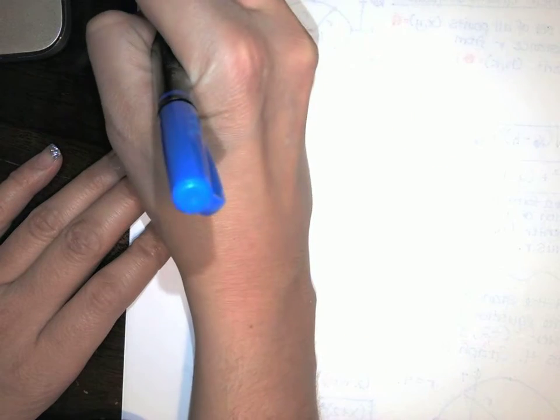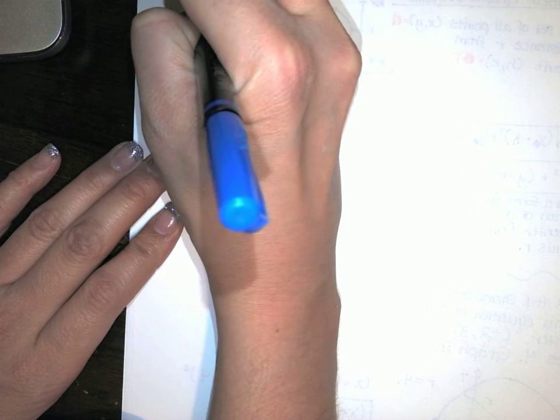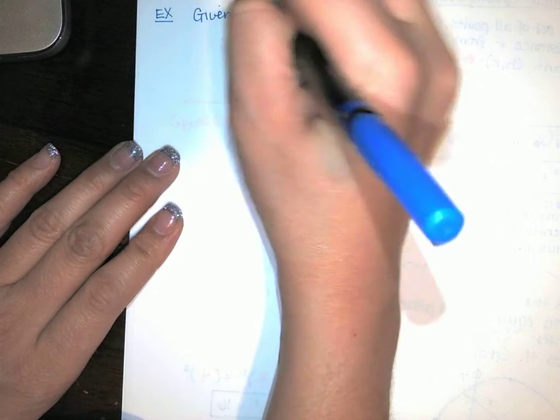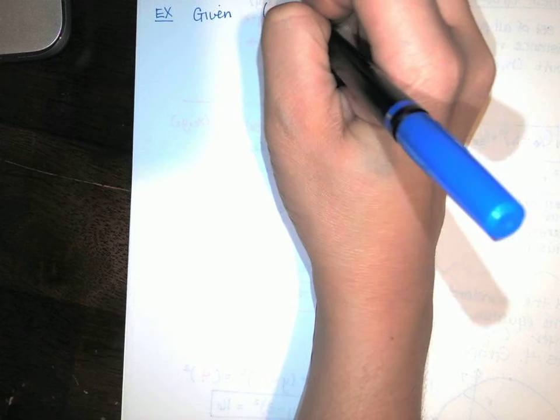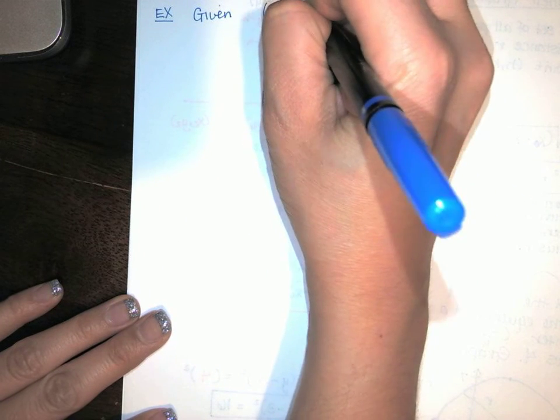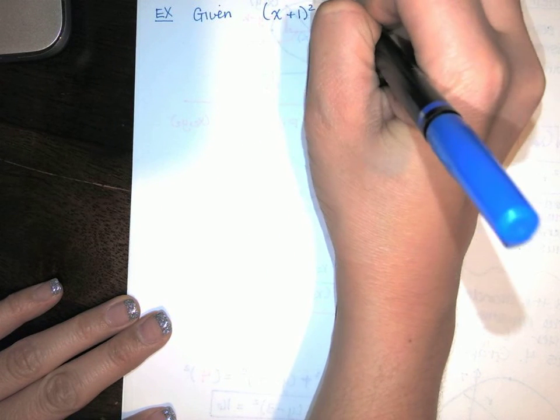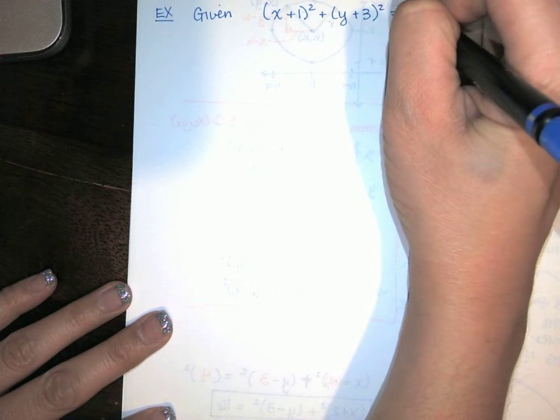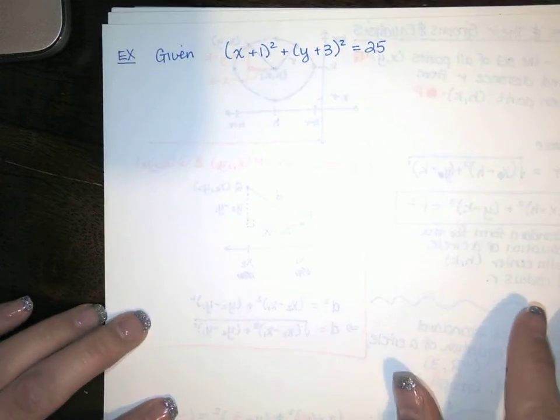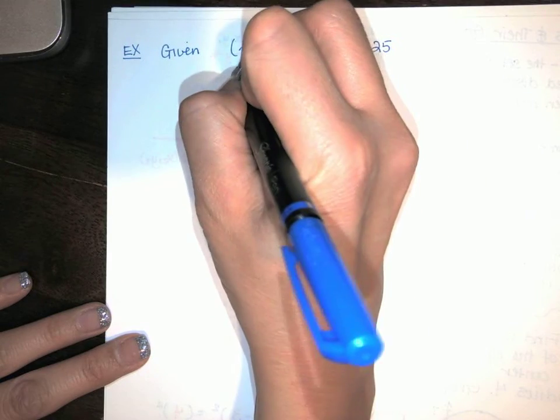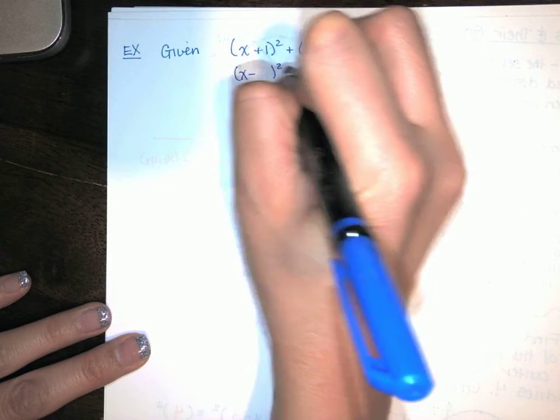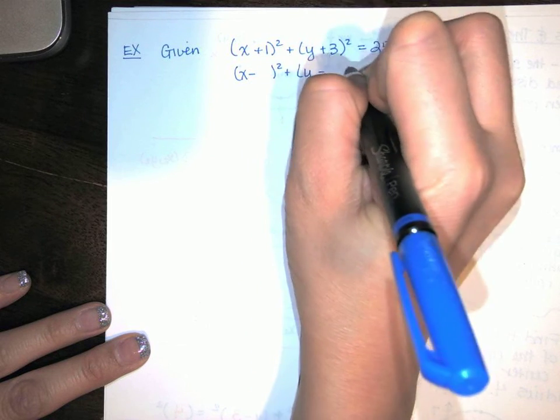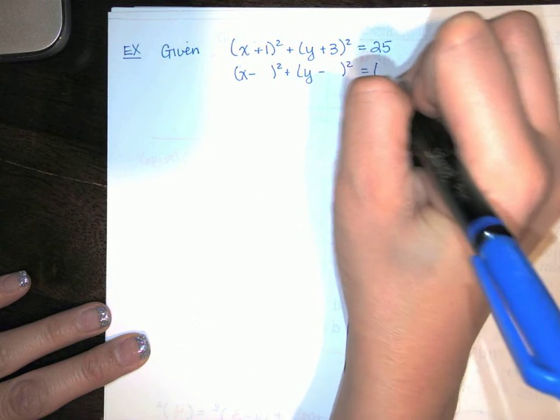So let's say you're given that (x plus 1) squared plus (y plus 3) squared equals 25. Well, through pattern matching, this is (x minus h) squared plus (y minus k) squared equals r squared.